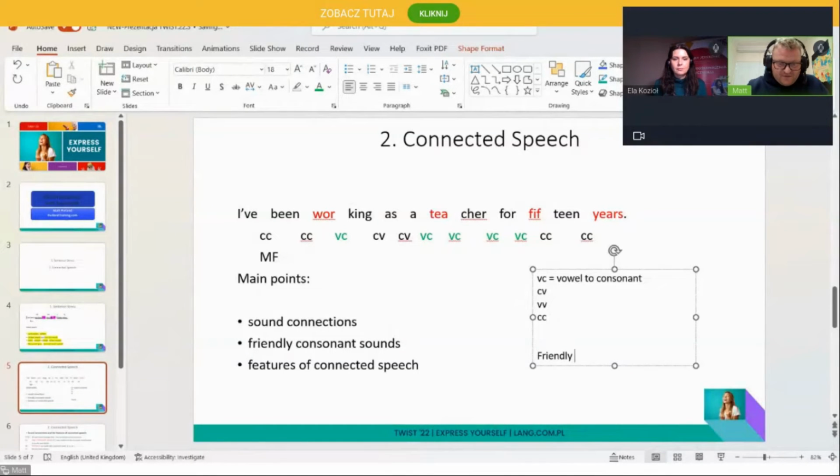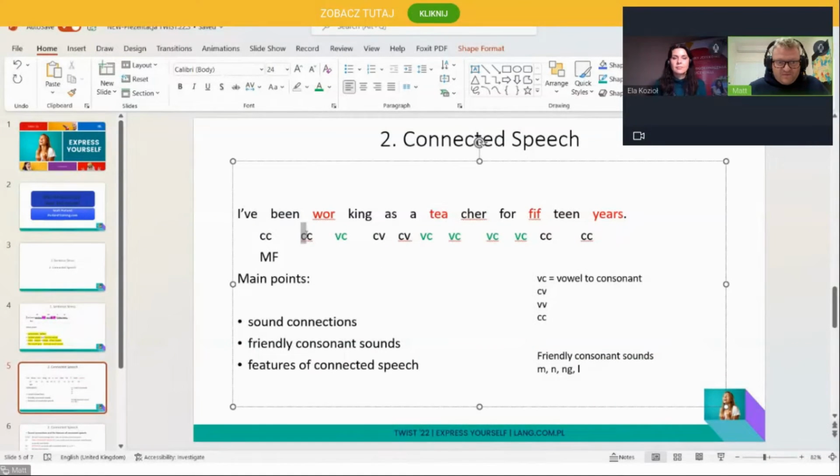Friendly consonant sounds, very friendly to the next consonant. M, N, ng, and L. Four friendly consonant sounds in English. They're very nice. They play together nicely with the next consonant sound. So it's like a VC connection. It's good. It's not a problem. It's friendly.